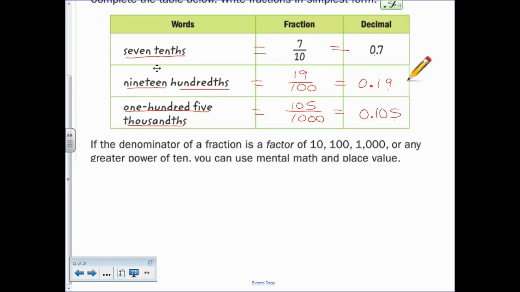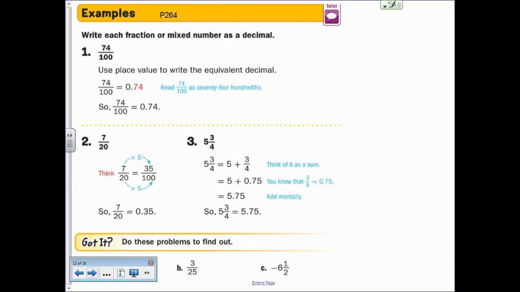If the denominator of a fraction is a factor of 10 or 100 or 1,000 or any greater power of 10, you can use mental math to find its place value. So let's take a look at some examples of that. If I can get the page to change. It really does not want to change. There we go.